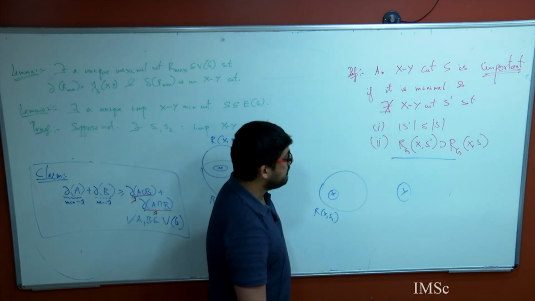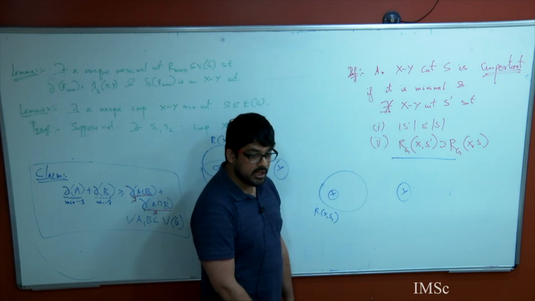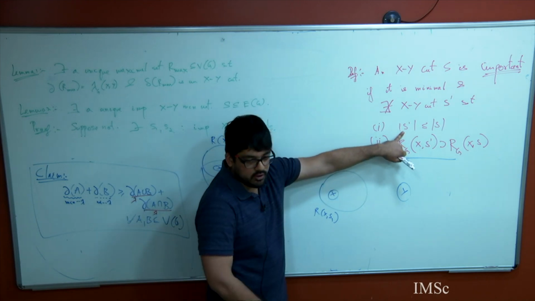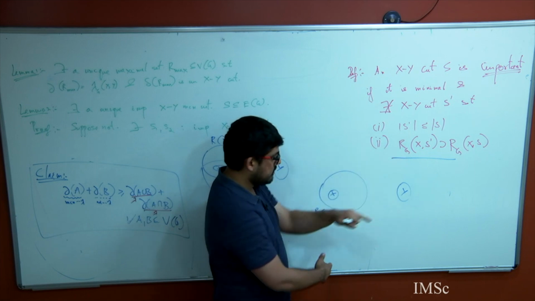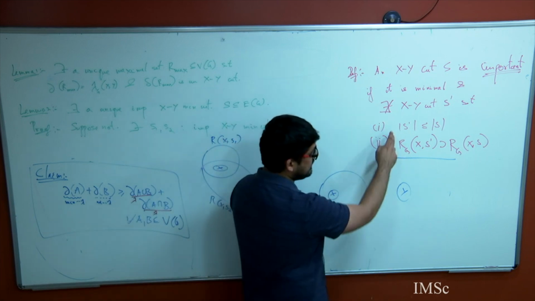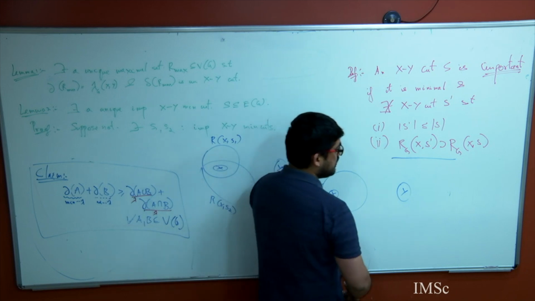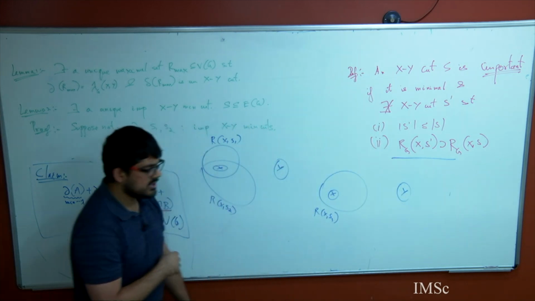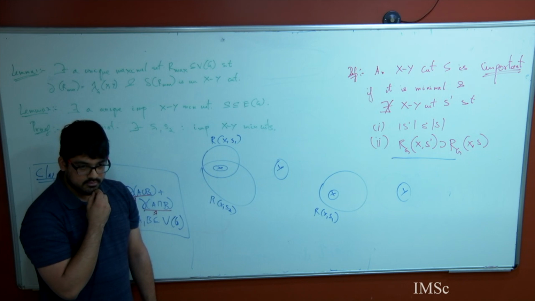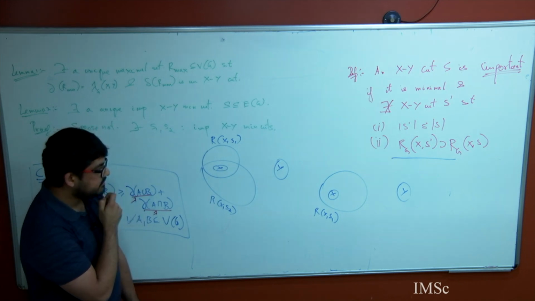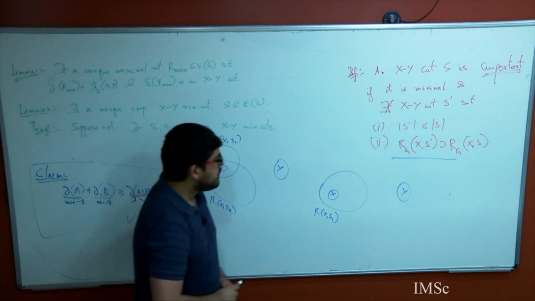If I take any other minimum xy cut, well, this property is not violated because they are both minimum, right? So S1 is minimum. Let me take some S1 prime. This can't be violated, which means this must be violated, right?